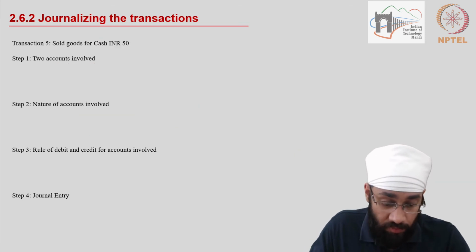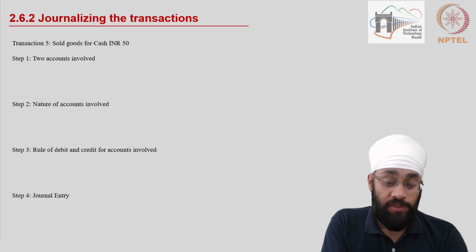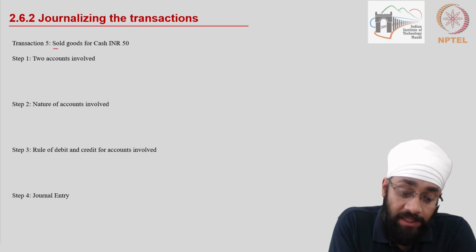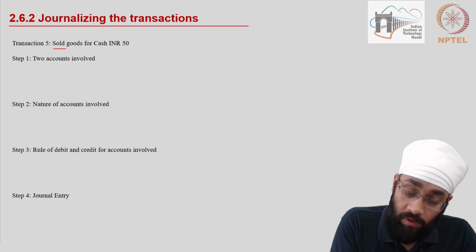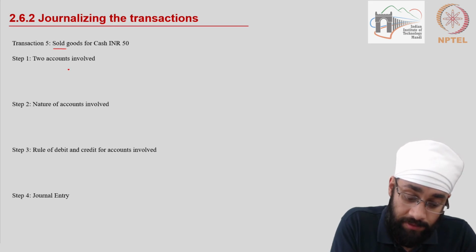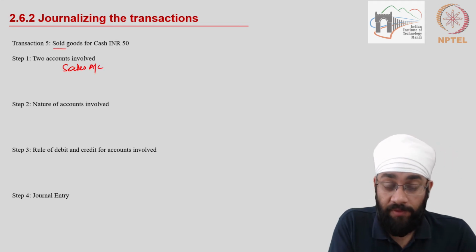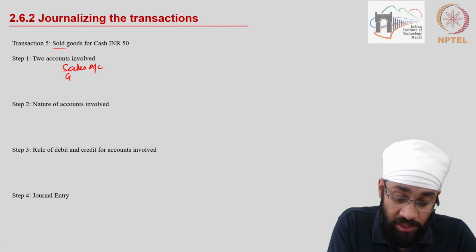Let's look at one more transaction. Sold goods for cash. Now you're selling the goods. The two accounts involved clearly could be sales account, and goods are being sold. So you could say goods account.